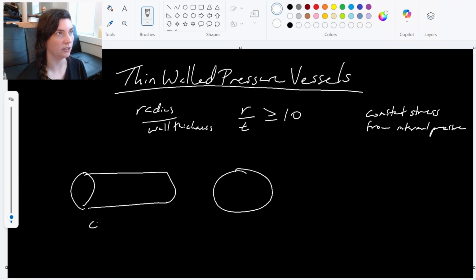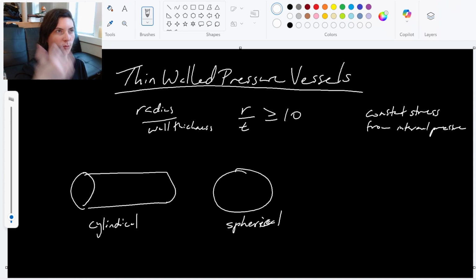So here's our cylinder, cylindrical, and this one is spherical. Essentially the way we calculate these is if you imagine cutting through each of these vessels. I'll start with the spherical one.